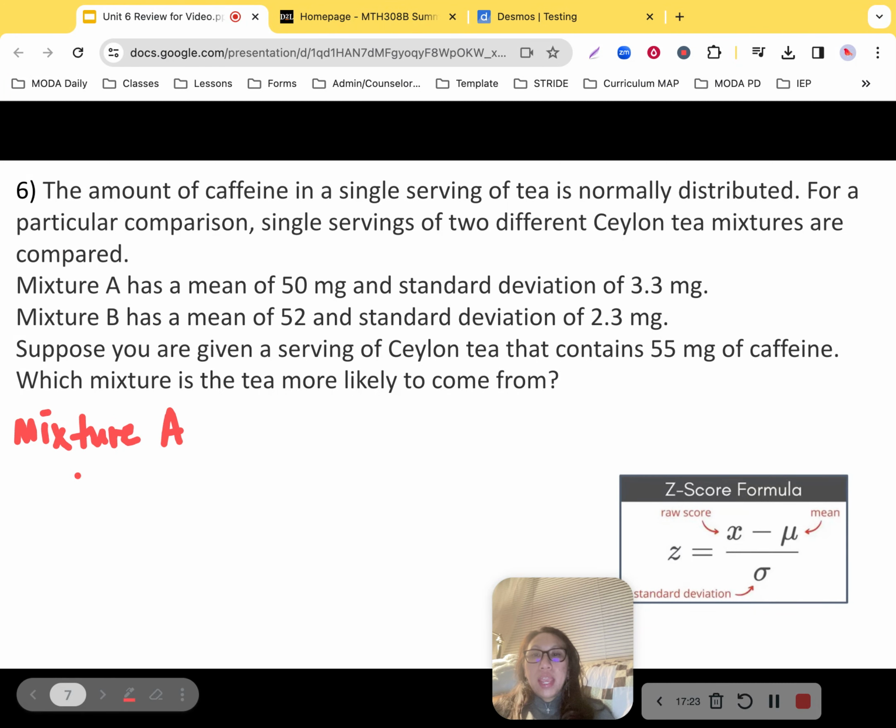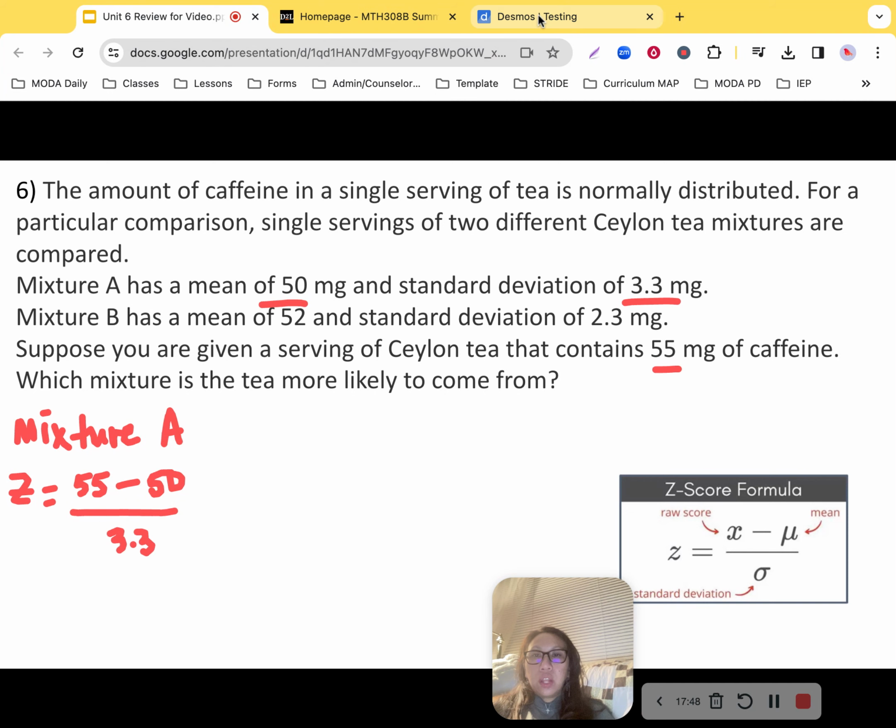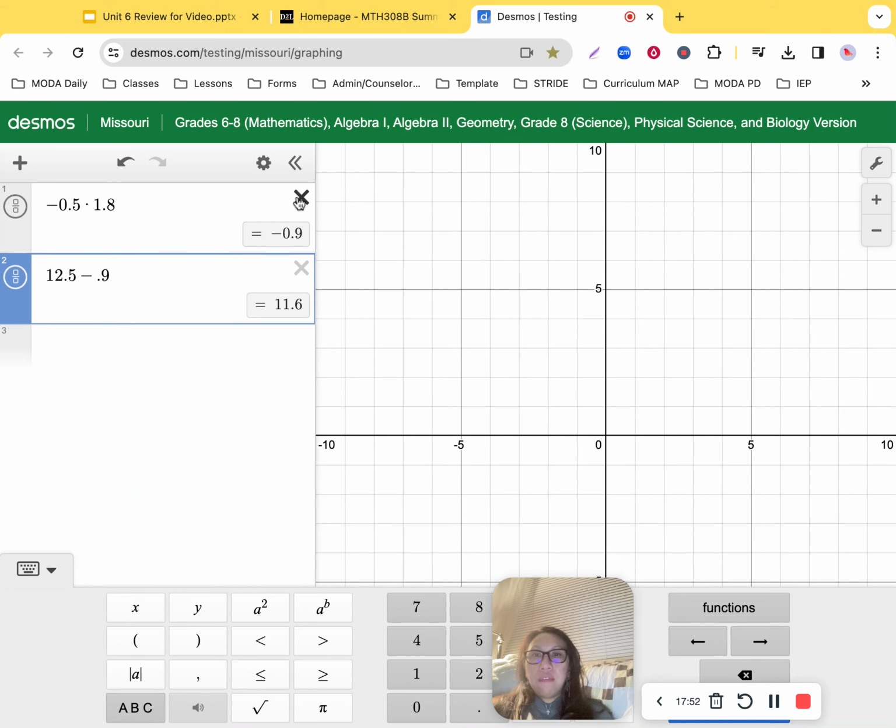Mixture A has a mean of 50 and a standard deviation of 3.3. So our raw score is 55, minus the mean for mixture A of 50, divided by 3.3. So let's use our Desmos calculator right here. 55 minus 50 makes 5.